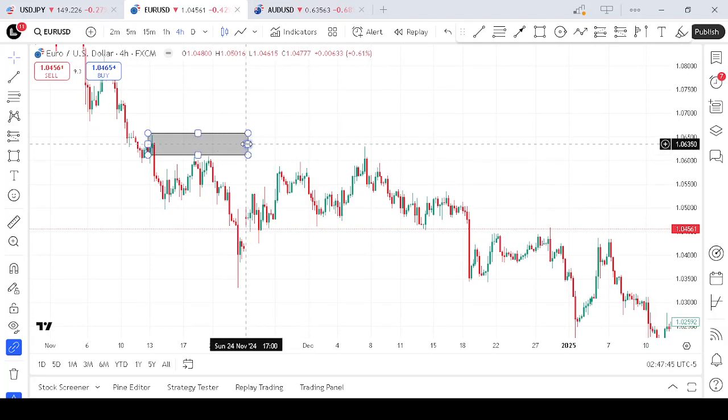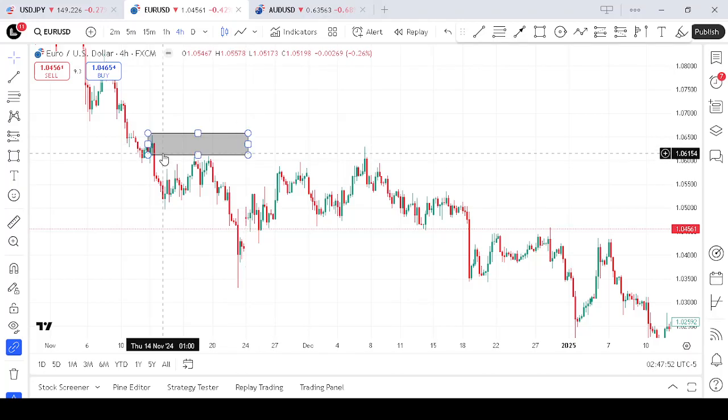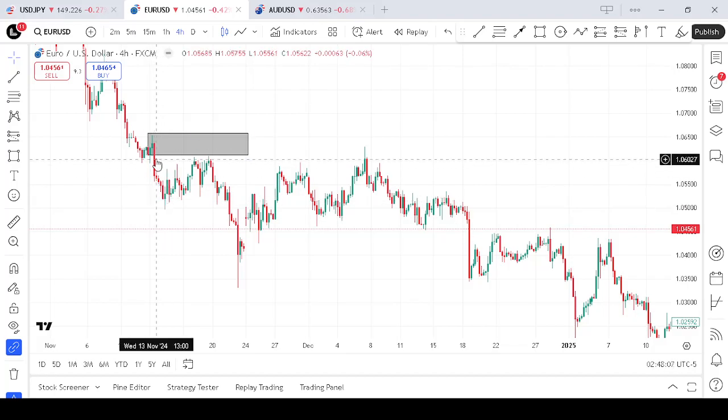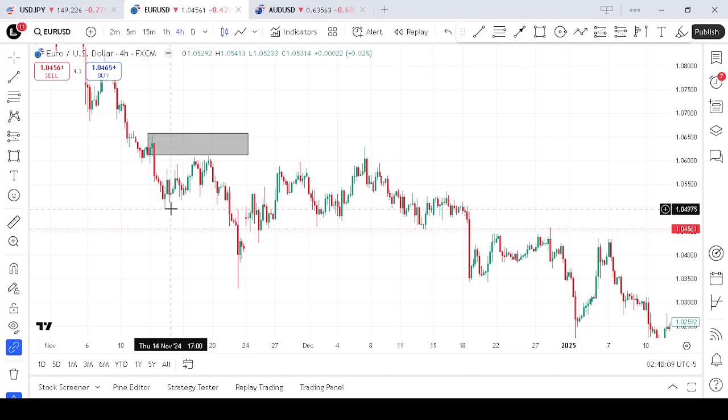What makes you believe that the order block is worth trading? First characteristic is there should be a sharp price movement away from the area. As you can see from this order block, there was an aggressive movement in one direction without returning to retest it immediately. As you can see, price moved sharply away from this area.